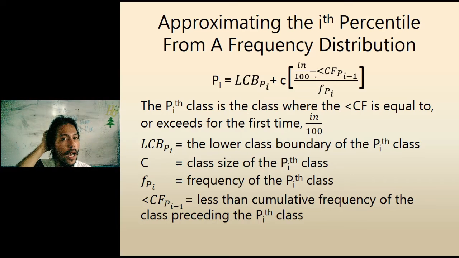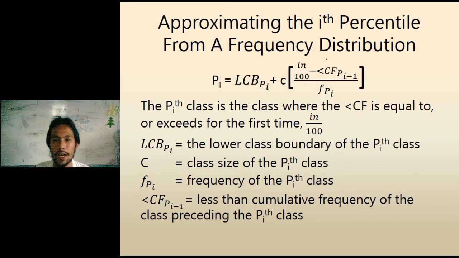So, approximating the ith percentile from a frequency distribution. Mao ni ang atong formula: P sub i equals LCB sub P sub i plus C, then i times n over 100 minus CF sub P sub i minus 1 over f sub P sub i. So, the P sub i class is the class where the CF is equal to or exceeds i times n over 100.